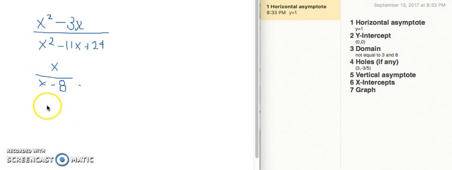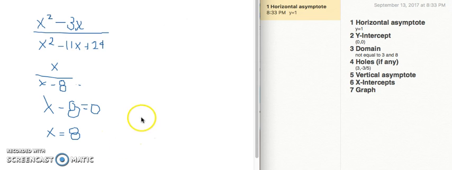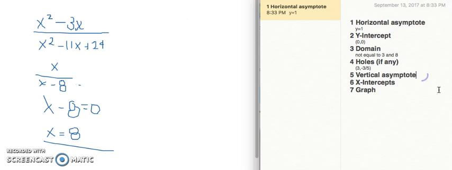So x minus 8 is equal to 0, which results in x is equal to 8. So our vertical asymptote will be x is equal to 8. Now we register it here, x is equal to 8.